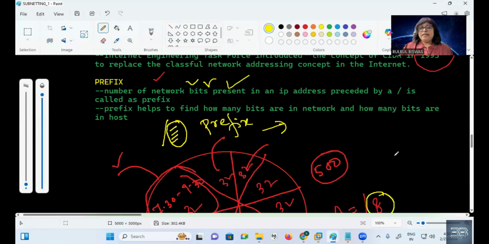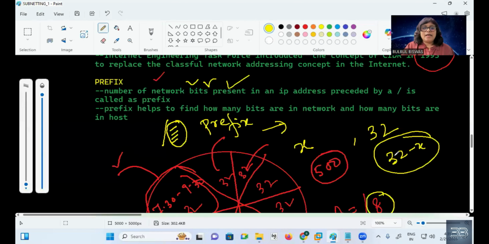If it is a 32-bit IP and you get the prefix, the network bits, then of course you know how many host bits there are. Is it clear? If my prefix is X, I know the IP is of 32 bits, so my host bits are 32 minus X. Am I clear? That's why I have written it over here. Prefix helps to find how many bits are in the network and how many bits are in the host.